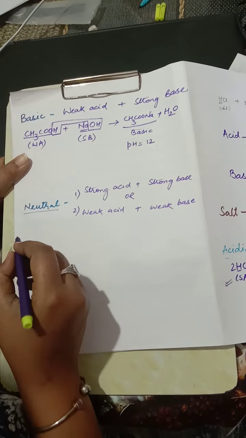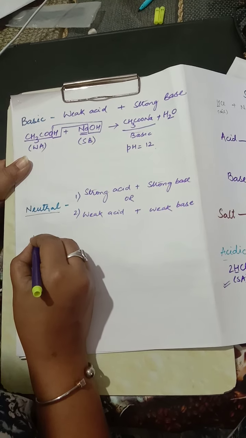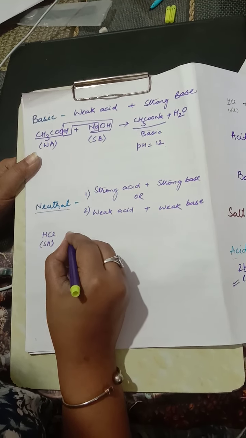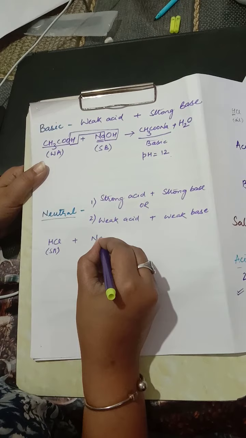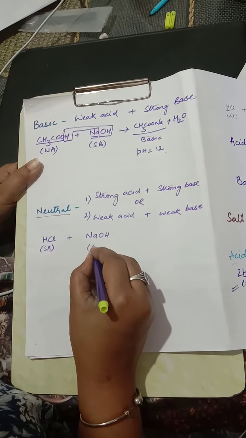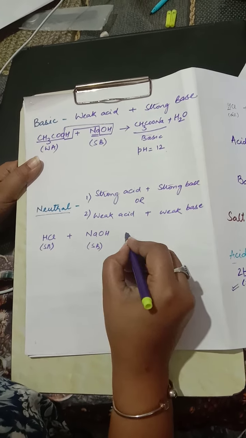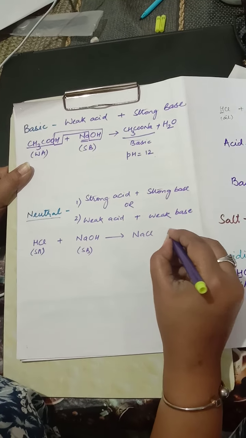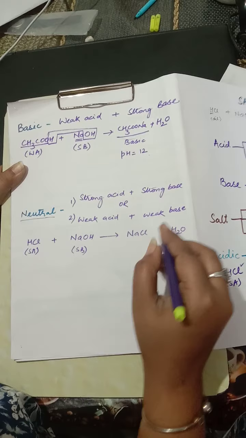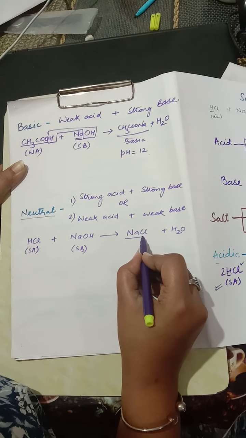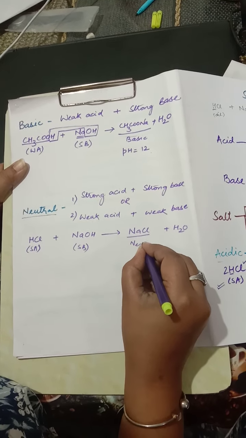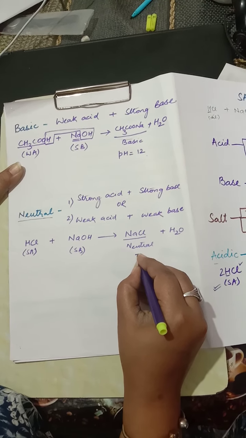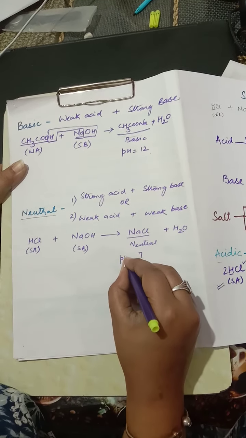For example, when HCl, which is a strong acid, is neutralized by sodium hydroxide, again a strong base, they will give you NaCl and water. Here NaCl is neutral in nature and its pH value is 7. Why 7?